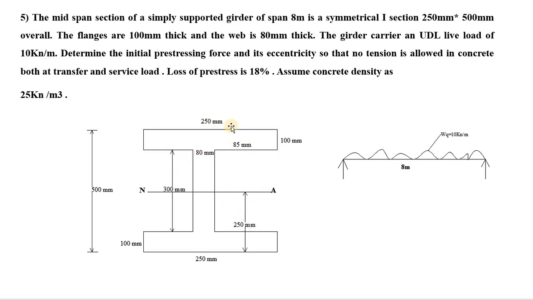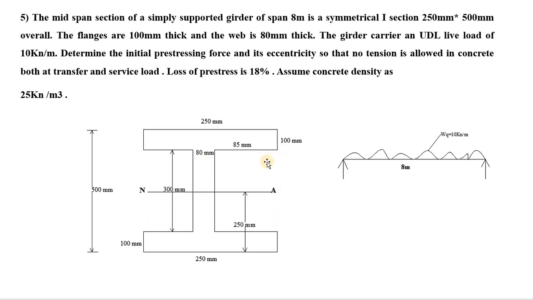So I am taking this base as 250 into overall depth 500 cube by 12, that is the complete rectangle moment of inertia I have written, minus 2 into these two values, that is whatever space is there, I am assuming that I have covered it in a rectangle.